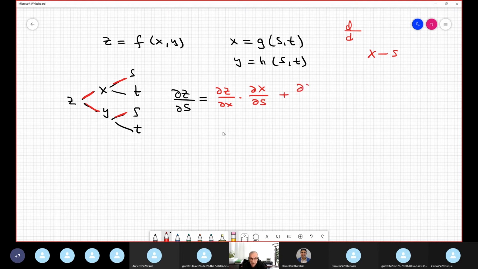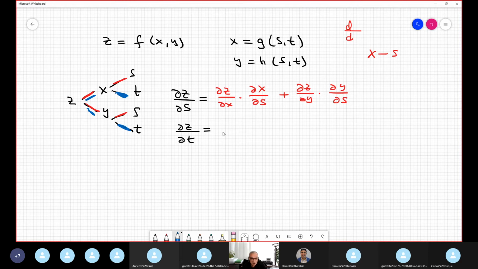Plus the partial derivative of z with respect to y, that other branch, times the partial derivative of y with respect to s. Okay, easy. Now let's do the partial derivative of z with respect to t. In this case it is in this direction, and in this direction.